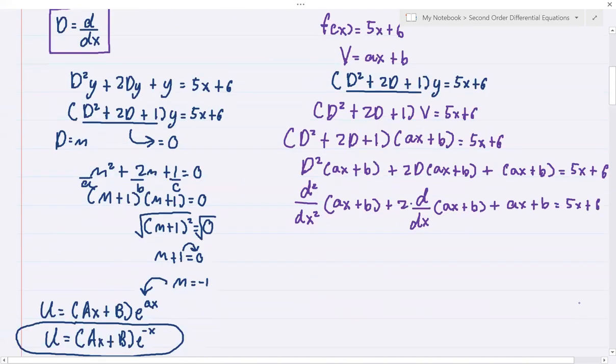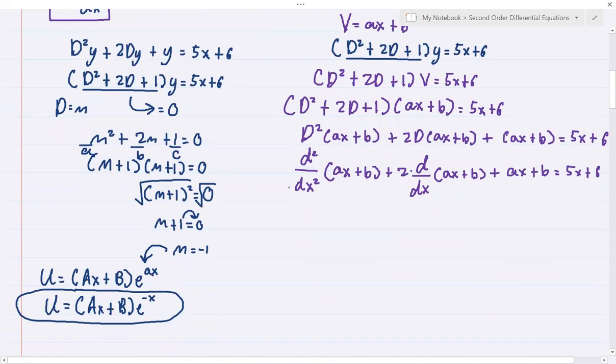Now we're going to simplify. As you can see, this is the second derivative of ax plus b. The second derivative of ax plus b is 0, plus 2 times the first derivative of your ax plus b, which is just your a.